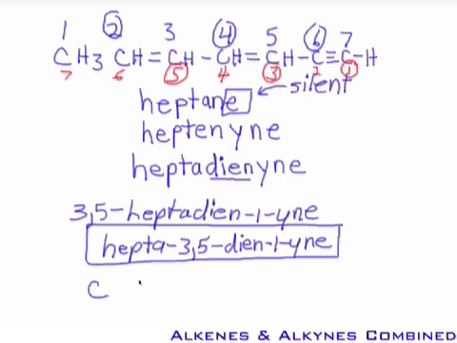So you write down 7 carbons: 1, 2, 3, 4, 5, 6, 7. And then it says 3,5-diene. So you count 1, 2, 3, and put a double bond after carbon 3, 4, and a double bond after carbon 5. After carbon 1, you put a triple bond. Now you just add your hydrogens.